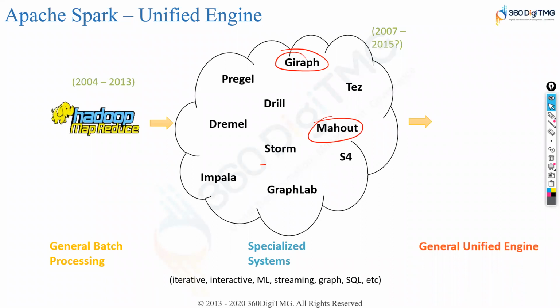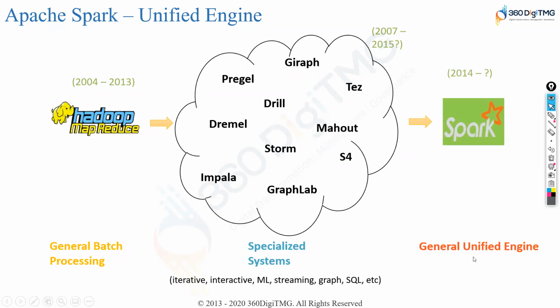So this is where organizations wanted to find a solution. This is exactly where the challenges for big data arise. As a solution, we are trying to come up with one software which is known as a unified engine, a generalized unified engine.